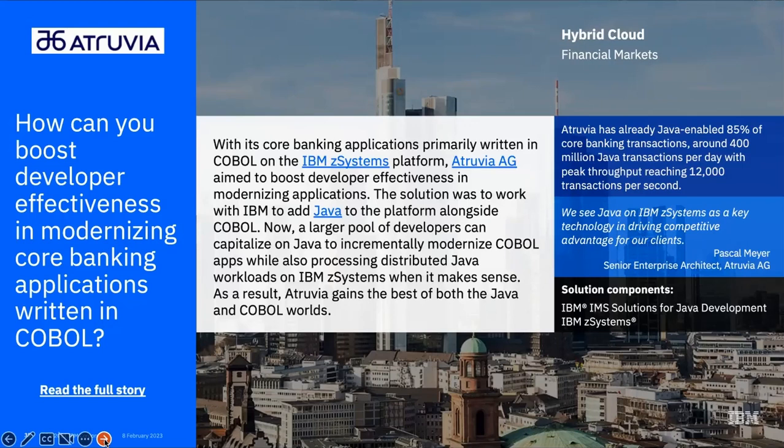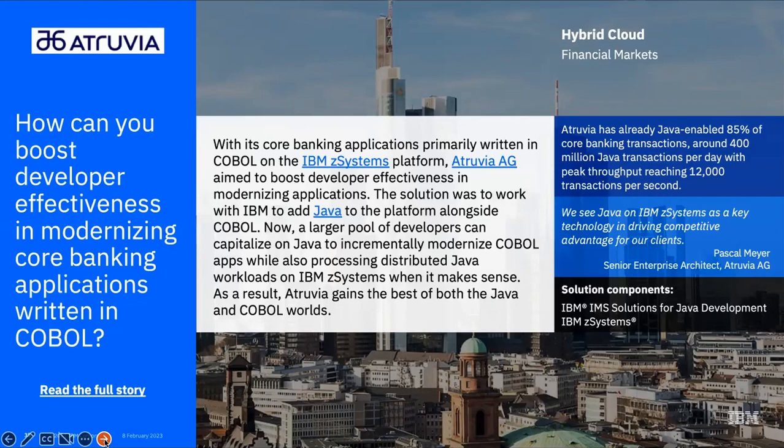Atruvia is an IT service provider providing banking as a service to more than 800 banks with a network of more than 30,000 ATMs. They chose an incremental application modernization approach, not one of those high risk, high cost lift and shift types. They optimize the core and gradually extend applications with Java using APIs, while co-locating Java with COBOL apps and data at the center of IBM Z systems to maximize performance.